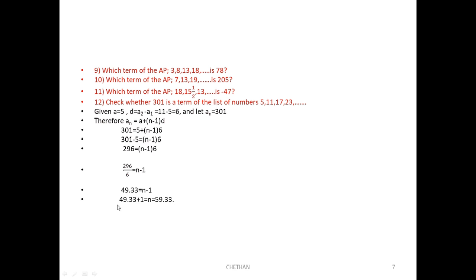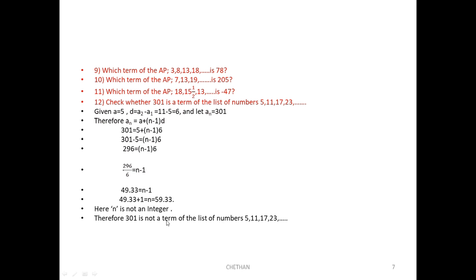See here, 49.33 plus this minus 1 becomes plus 1, we will get, sorry, it is wrongly written, it becomes 50.33. So this is not a term of this AP. Here n is not an integer, so it is not a term of the AP.